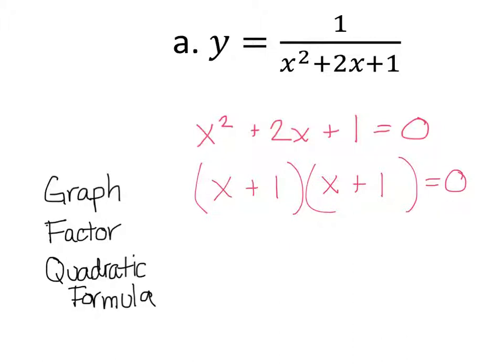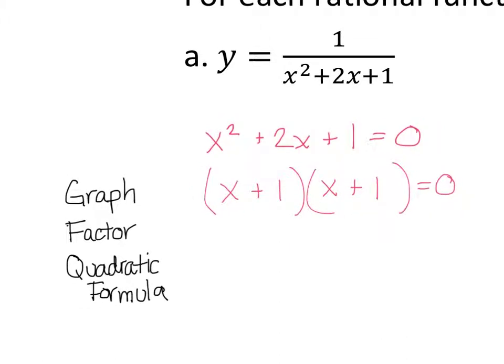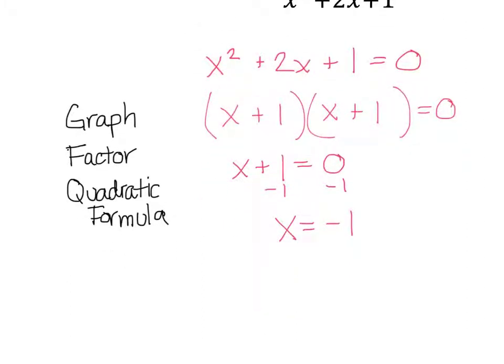So that worked. Now what do we do? Set each factor equal to 0, which are the same thing, so I'm just going to write it once. Then we subtract 1 to the other side. So what does x equal? Negative 1. So that is our answer.